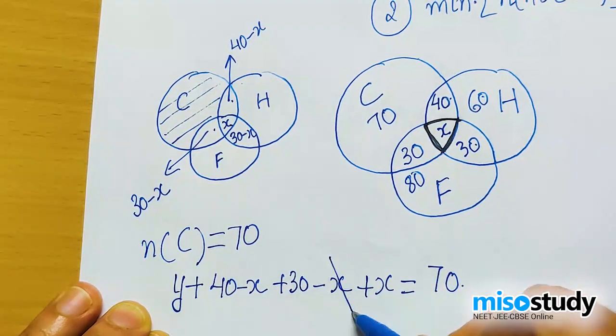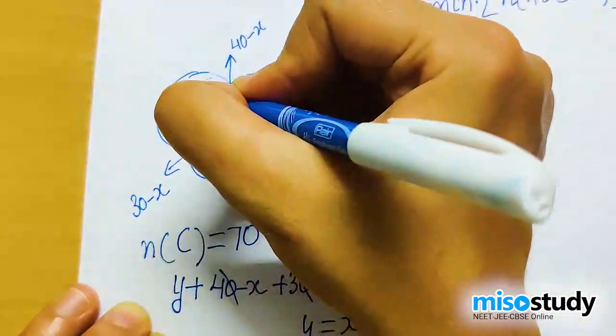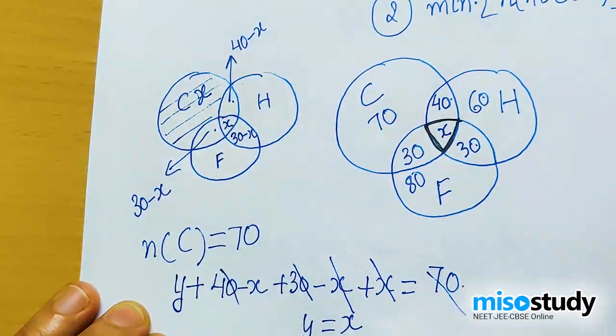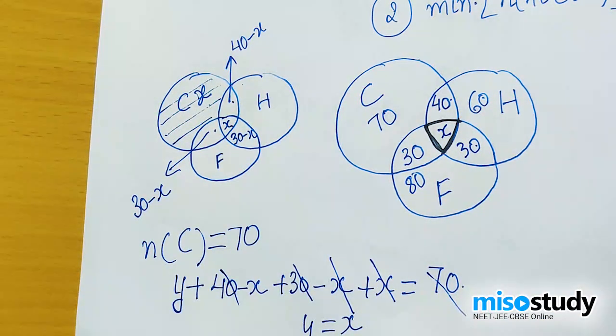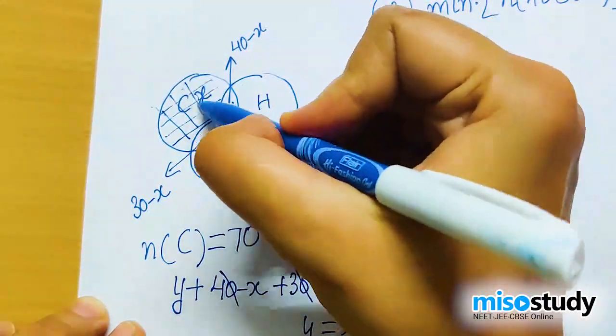So if we solve it, we get Y equals X. That means this is nothing but X again, only this thing, individually just this, okay?